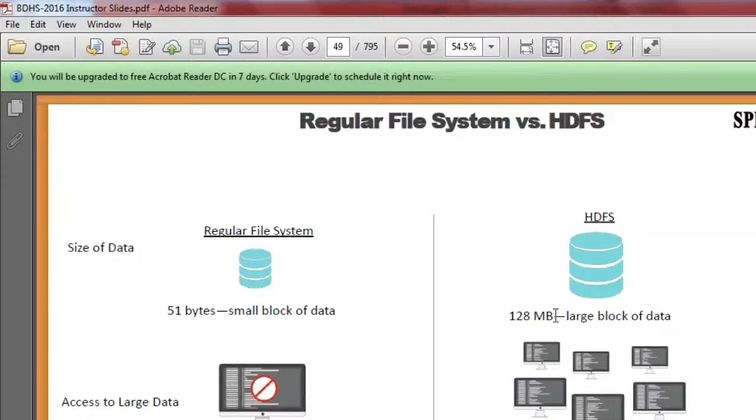So a layer between my program and the OS ensures that I'm getting all of that in one go, so I don't have to switch between so many blocks, but can process the entire 128 MB of one block.